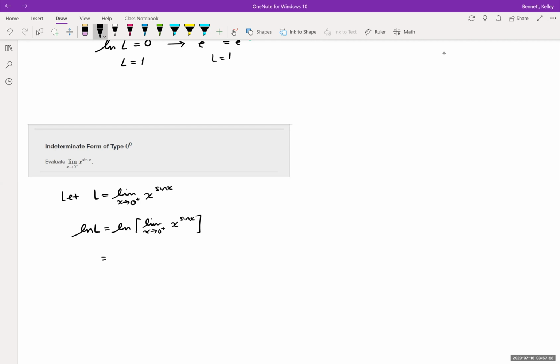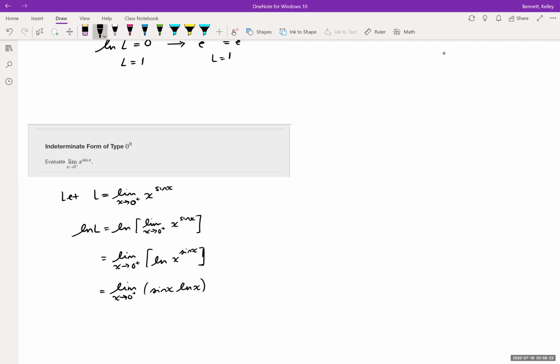And the log of the limit is the limit of the log. Then we exploit the log to bring the exponent down for us. So then I have the limit as x goes to 0 from above of sine x ln x, right?